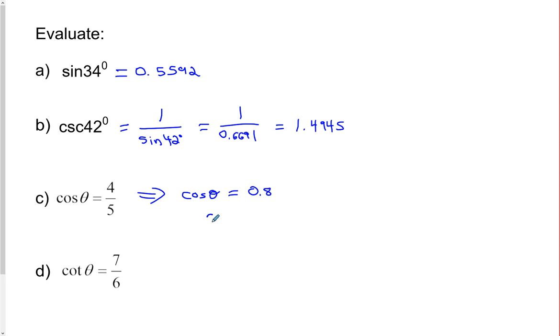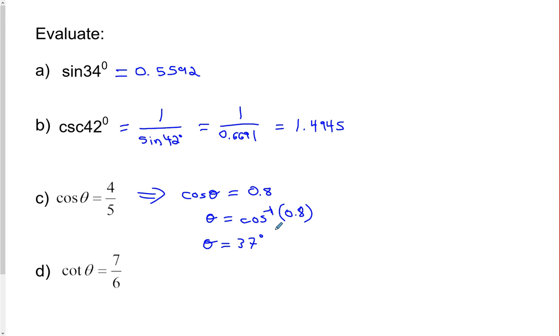So that means theta is going to be equal to the cosine inverse of 0.8. So that's going to be an angle. I'm going to have to do that in my calculator. Cosine inverse of 0.8 looks like 37 degrees to the nearest degree.